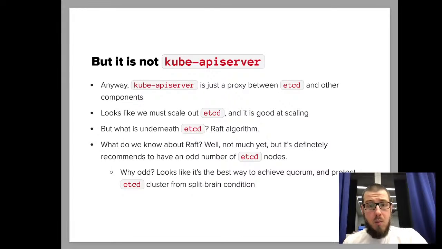Why odd? It looks like it's the best way to achieve quorum and protect the etcd cluster from a split brain condition. Split brain is of course a great problem for clusters, and an odd number of nodes makes it easier to achieve quorum.